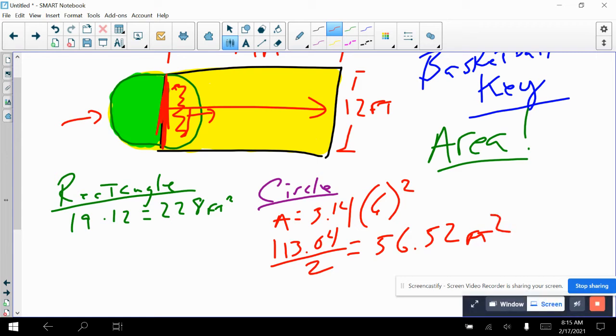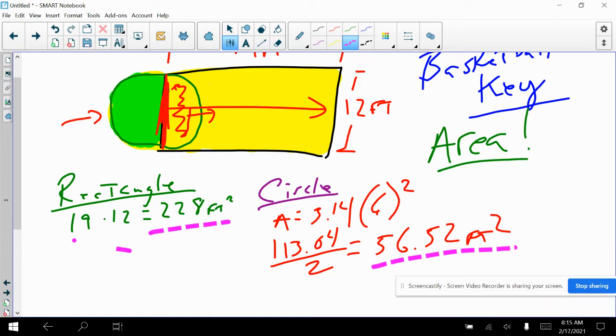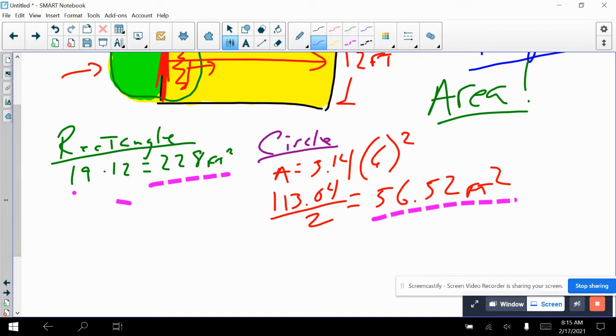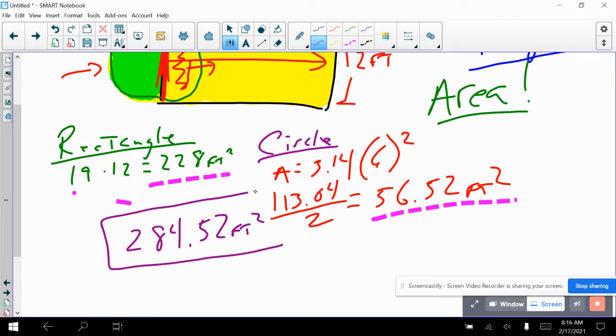What are we going to do to those two numbers? That is correct, sir. Very good. That's going to give us an answer of 284 and 52 hundredths feet squared. Remember, we're finding the area of something. Okay, so you need to have your labels here, feet squared.